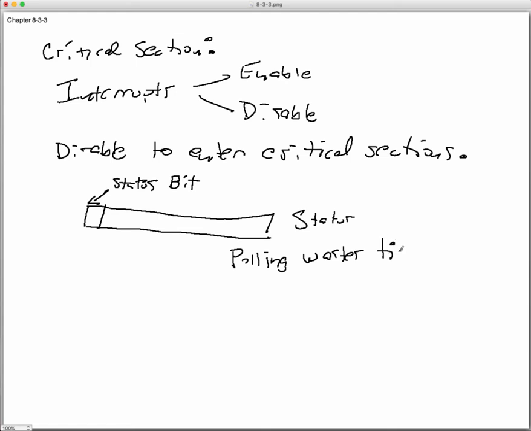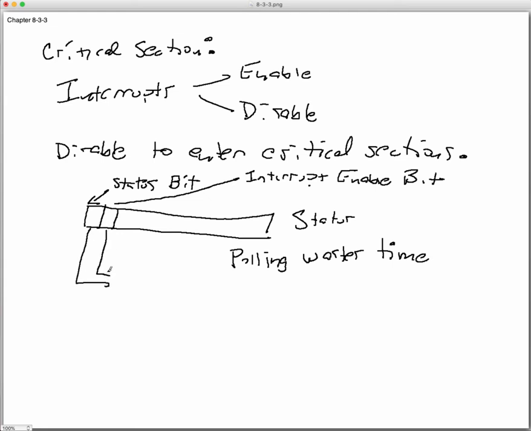What we want to do now is change this from polling to interrupts. And what we're going to do is in this status register, there is going to be another bit over here, and this is going to be the interrupt enable bit. The way that this works now is we take the output of these things and we feed it into an AND gate.